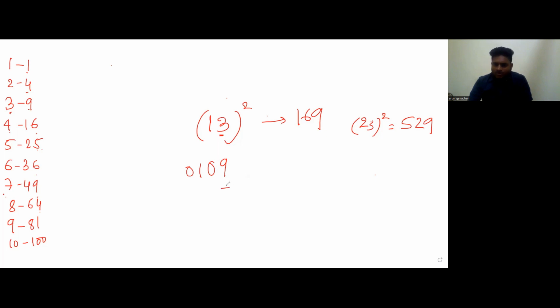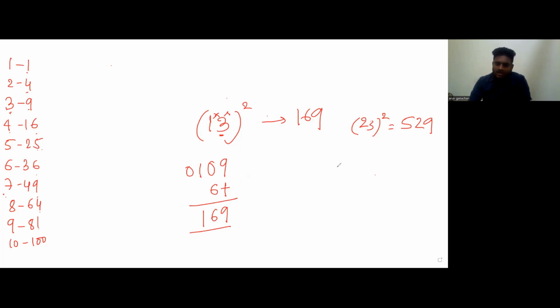Now, as you do in addition sums, I leave a place gap using a plus sign. Now, 1 times 3 is 3, and 3 times 2 is 6. So my number is 169. Getting it? That is how we solve this.